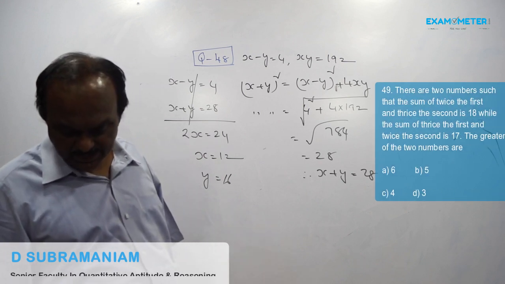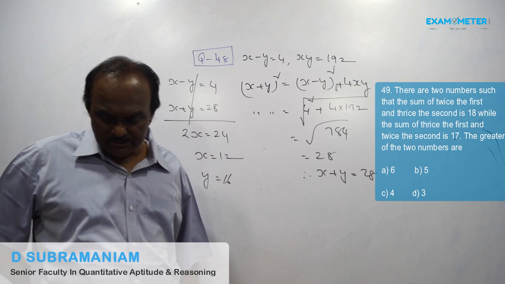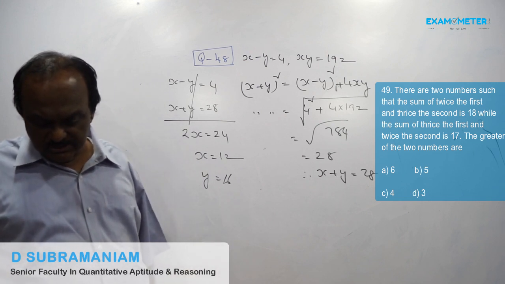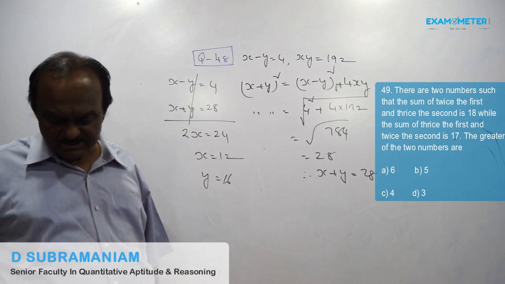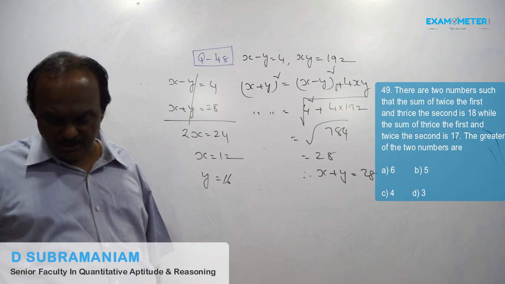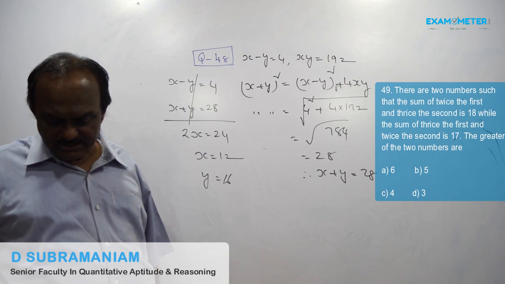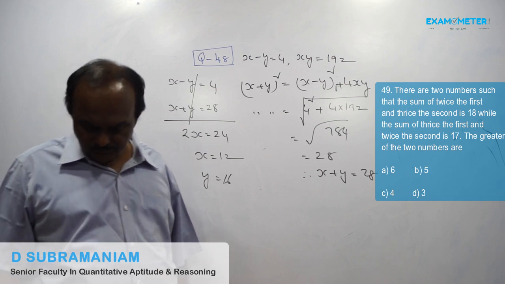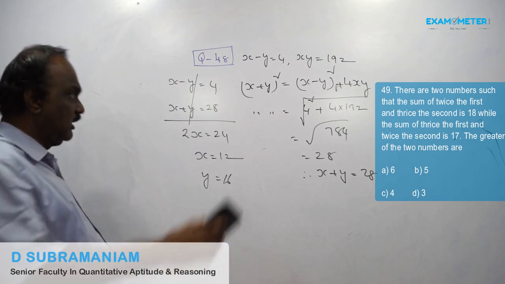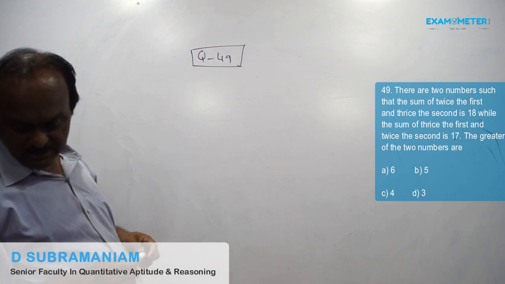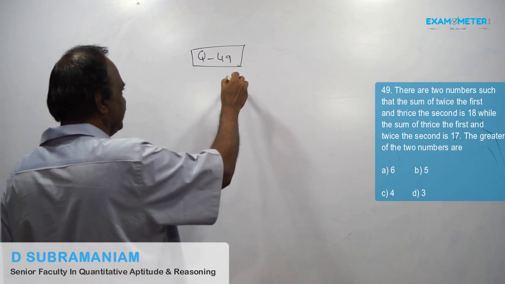Question number 49. There are two numbers such that the sum of twice the first and thrice the second is 18, while the sum of thrice the first and twice the second is 17. The greater of the two numbers is. Twice the first and thrice the second is 18.